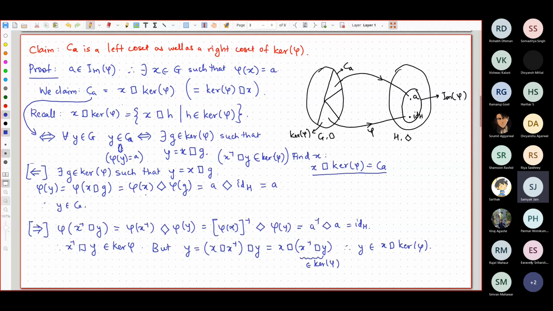But the converse is not true. Converse is not true. For a non-abelian group, you could very well have a subgroup which has the property that every left coset of that subgroup is also a right coset. And as soon as you have such a homomorphism from this group G to some group H, you can identify one such subgroup.